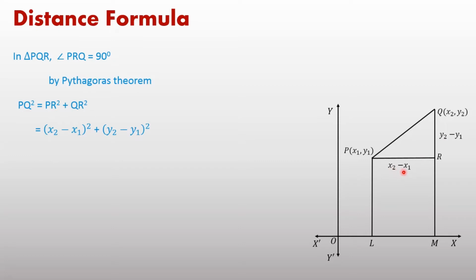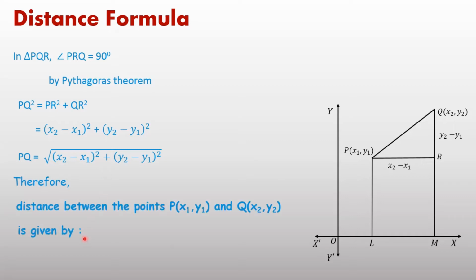Base means (x2 minus x1) whole square plus perpendicular means (y2 minus y1) whole square. Therefore, PQ equal to under root (x2 minus x1) whole square plus (y2 minus y1) whole square. In this pattern, you can find the distance between 2 points on coordinate plane.